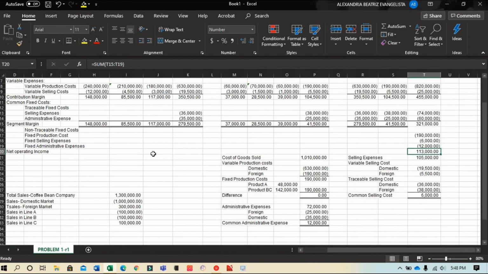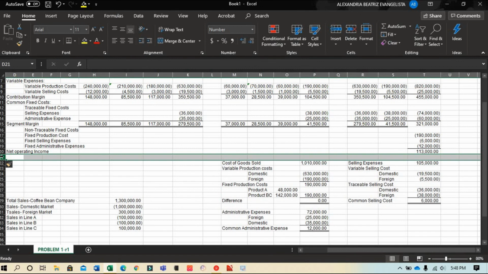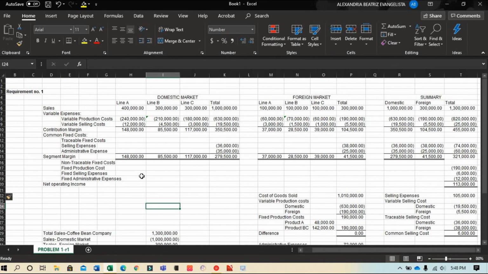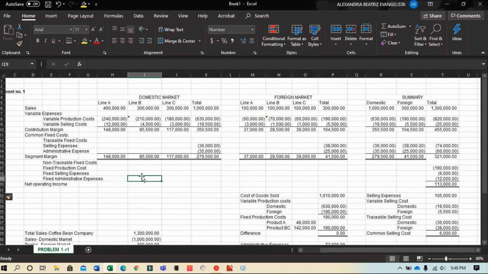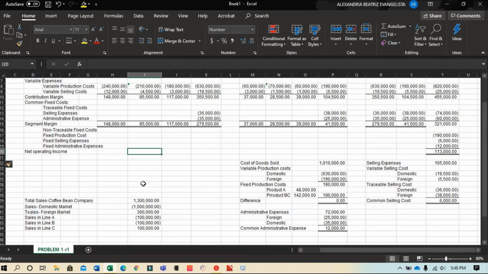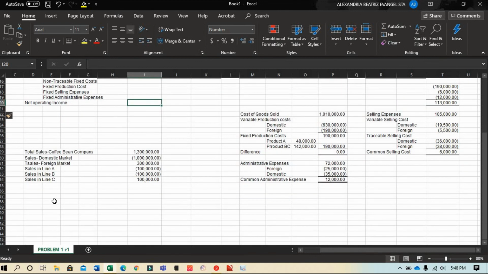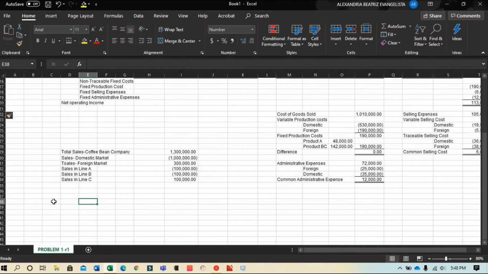So yeah, we've finally broken down the items in the income statement, and all the balances in the provided income statement and the segmented income statement reconciled. So now we're done with the first requirement. Now let's proceed on to the requirement number 2.